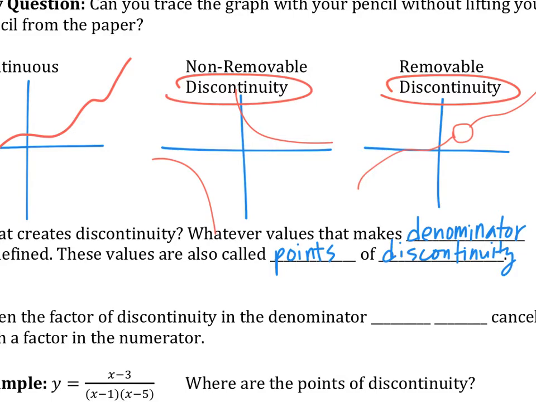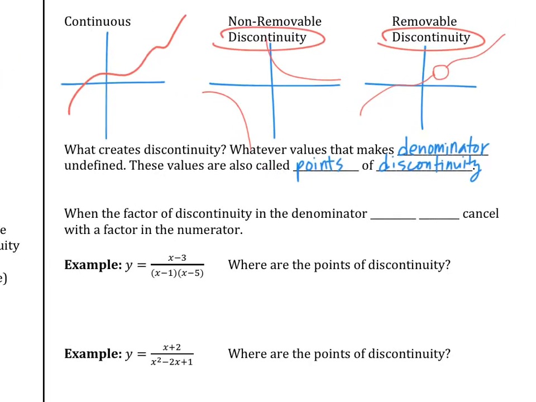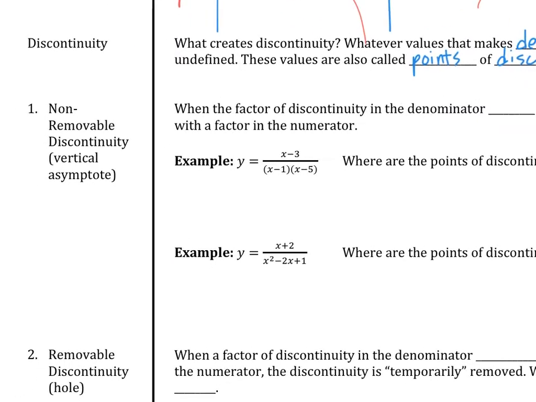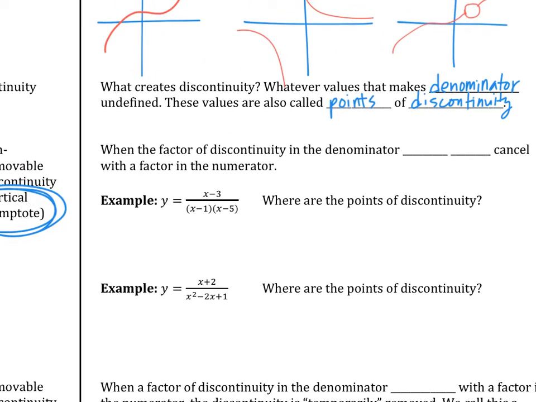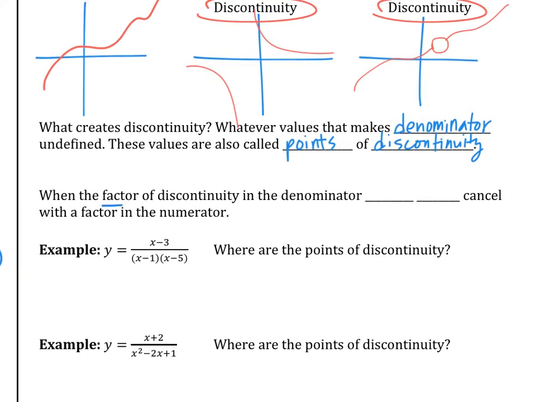We are always looking for what makes the denominator undefined. First is non-removable. Non-removable means vertical asymptote. So all the stuff you did last night were non-removable. This is when the discontinuity factor in the denominator does not cancel with the factor in the numerator.